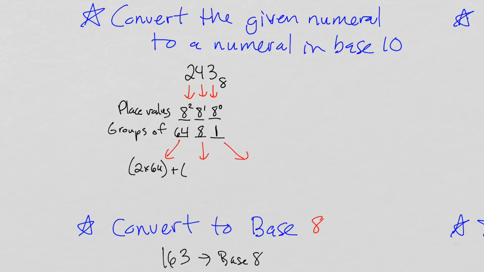And we have 4 in the middle, and that is groups of 8. And then our first digit is a 3, which is our ones place. So we separate these out, and we go ahead and calculate. So this is 128, this is 32, and this is 3. And when you add all these up, you're going to get 163.